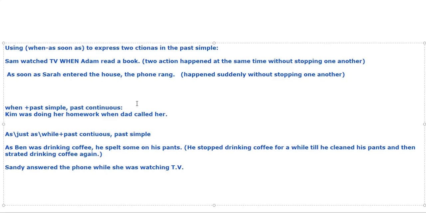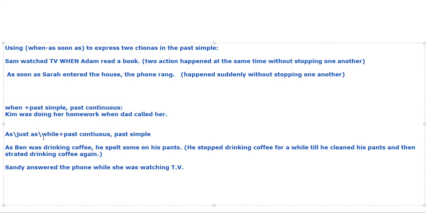So we're going to start with this part first. When, while. It's an easy way to differentiate between them, right? We have here "when": it consists of only four letters, 1, 2, 3, 4. Which action is the short one? It's the past simple.